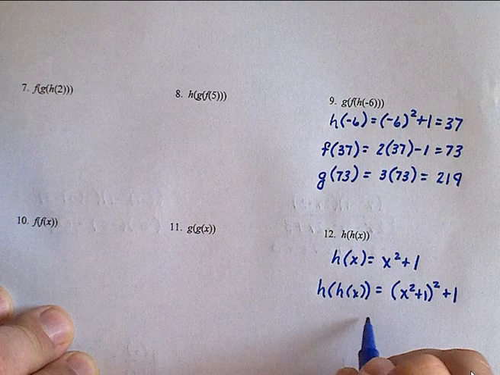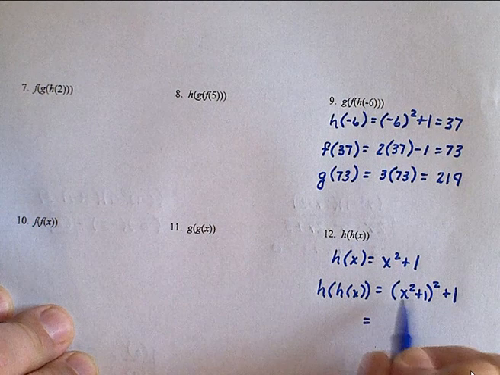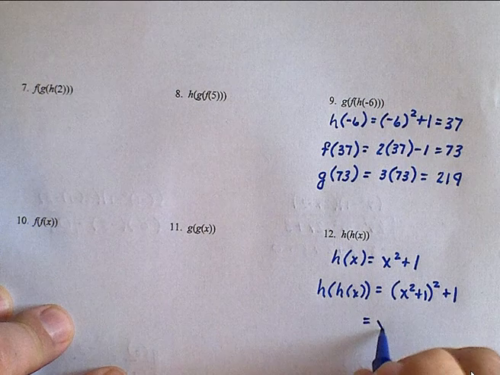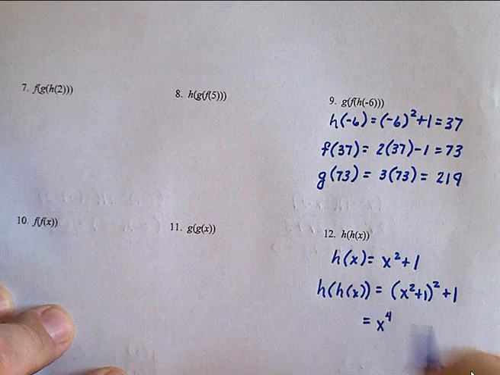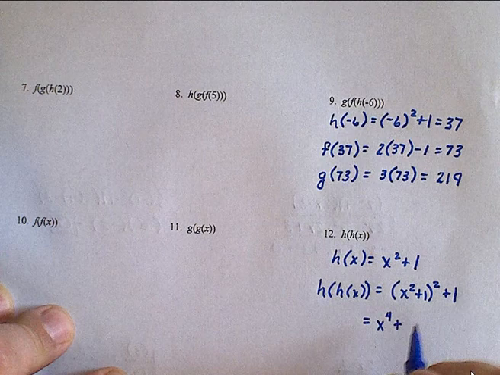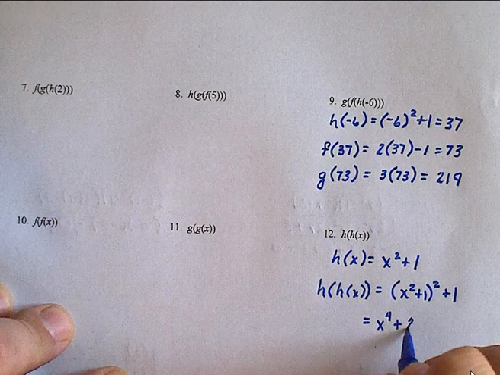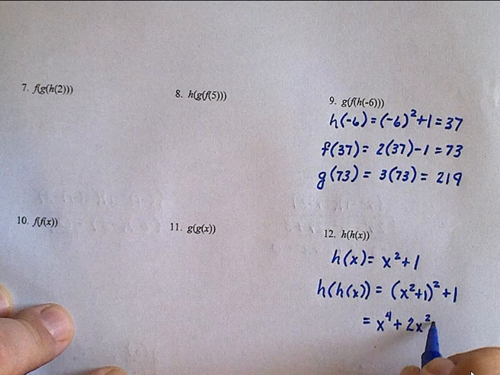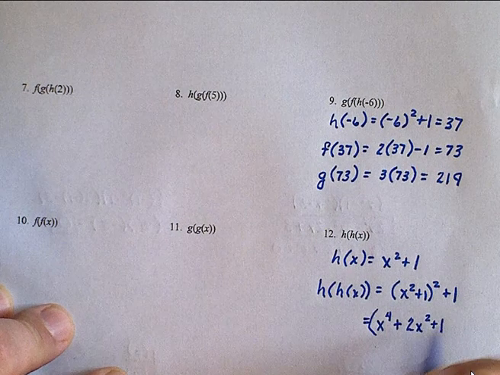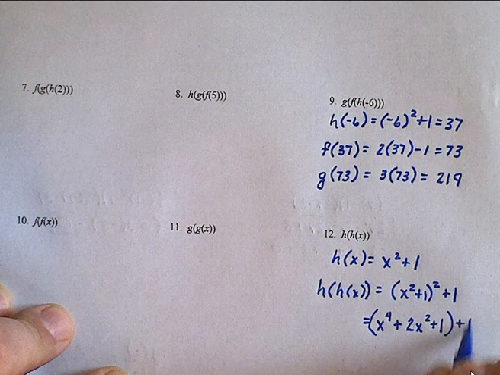So when I FOIL out x squared plus 1, I get x to the 4th plus, and I'm simplifying as I go here, plus 2x squared plus 1, and then plus 1 again.